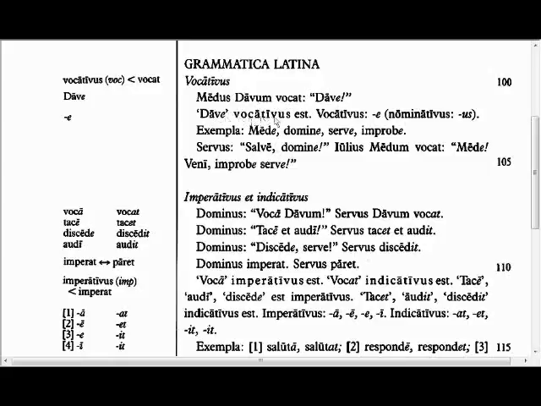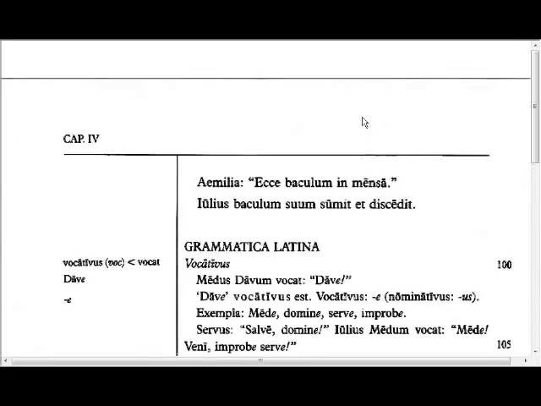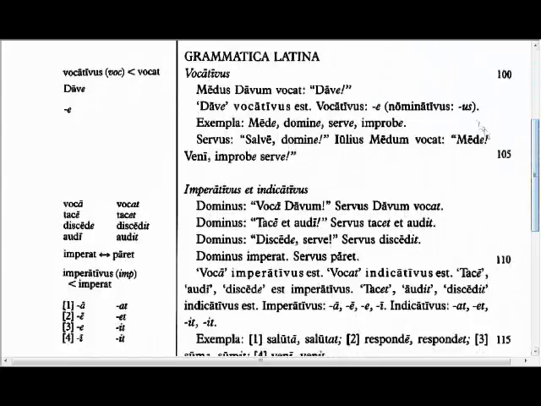Dawe is vocative. Vocative ends in e if the nominative ends in us. So examples: mede from medus, domine from dominus, serve from servus, improbe from improbus.